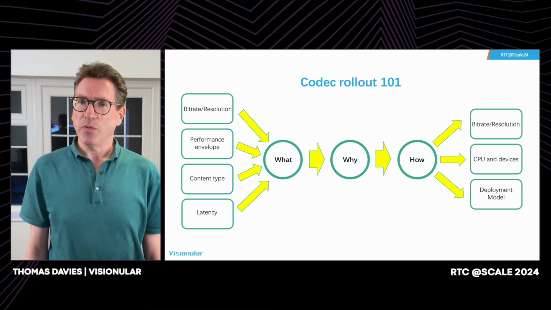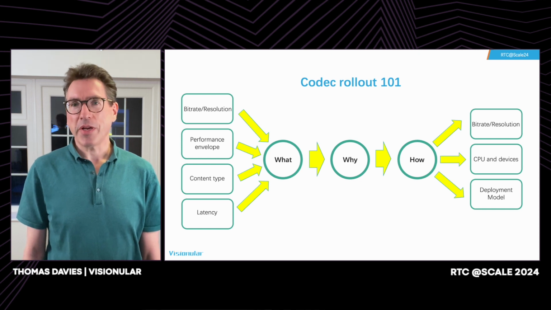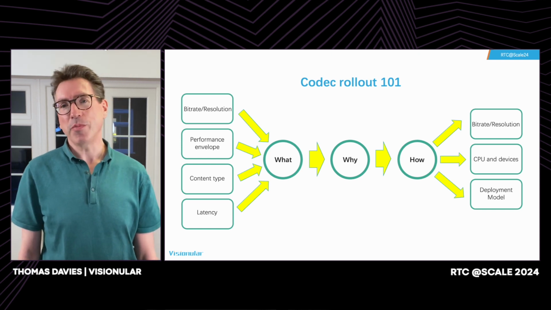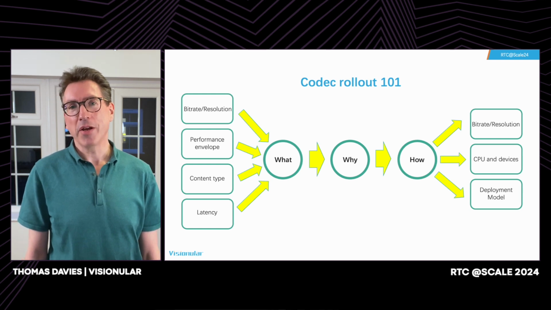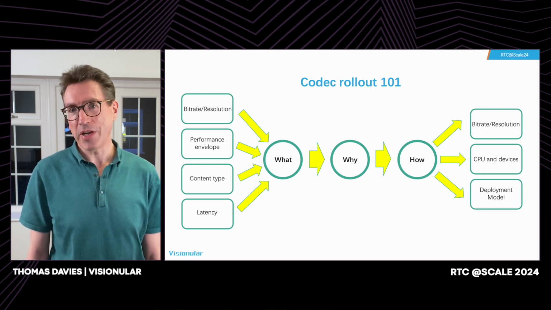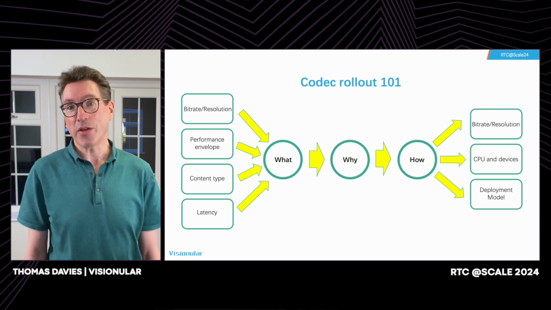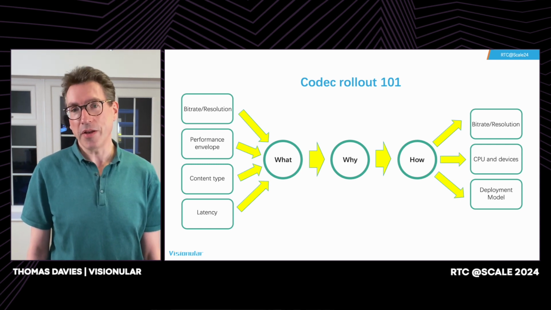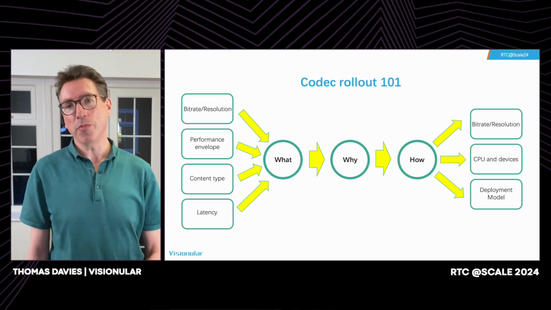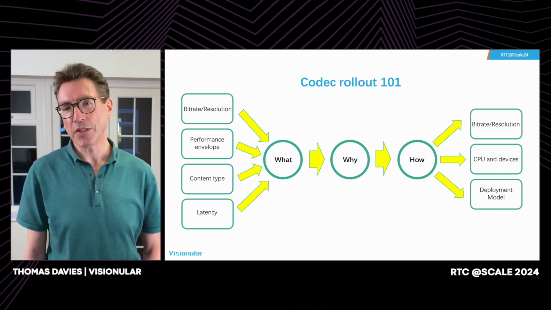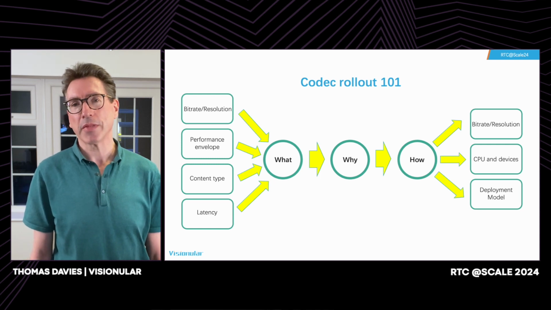The other thing is, what CPU envelope can you actually support? Can you afford to spend a little bit more on your new codec, or are you fully constrained by what you currently have? And those things might tell you whether or not you have a dynamic deployment model where you are changing your codec on the fly, or whether it's more static and you're moving the whole system onto the new codec.